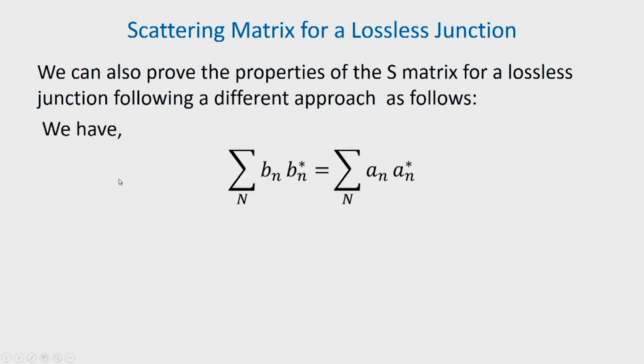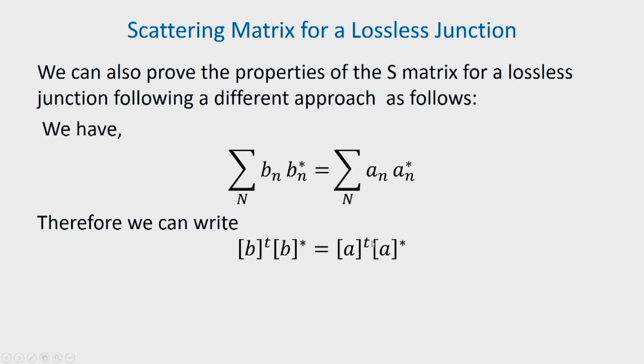We have, for a lossless junction, summation of B n B n conjugate is equal to summation of A n A n conjugate, and therefore, this term is essentially the transpose of B into B conjugate, and similarly A n A n conjugate can be written as the transpose of A and A conjugate.